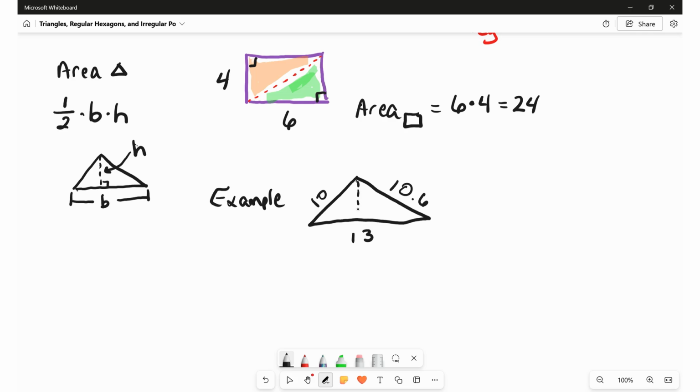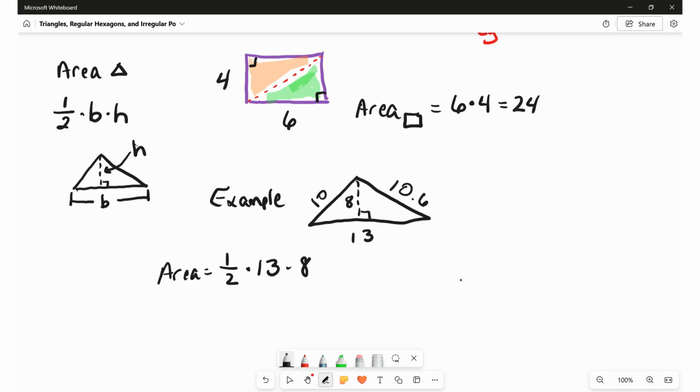However, if we are given this piece here, and this is called an altitude, and we are told that this is 8, now we can say, okay, our area is 1/2 times the base times the height.